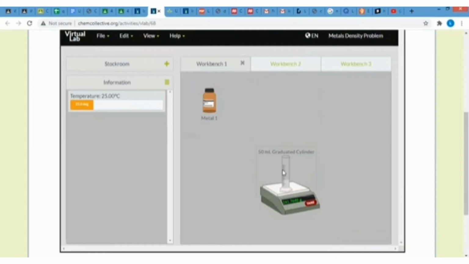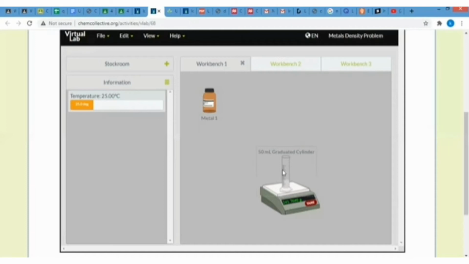72.6270 grams was subtracted from 241.7640 grams, which gave us a total of 169.137 grams. This is the mass of only the metal. We know that the formula for density is mass over volume.